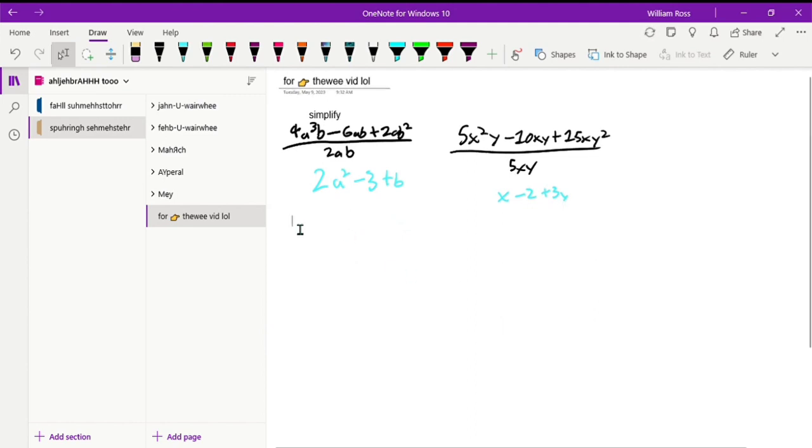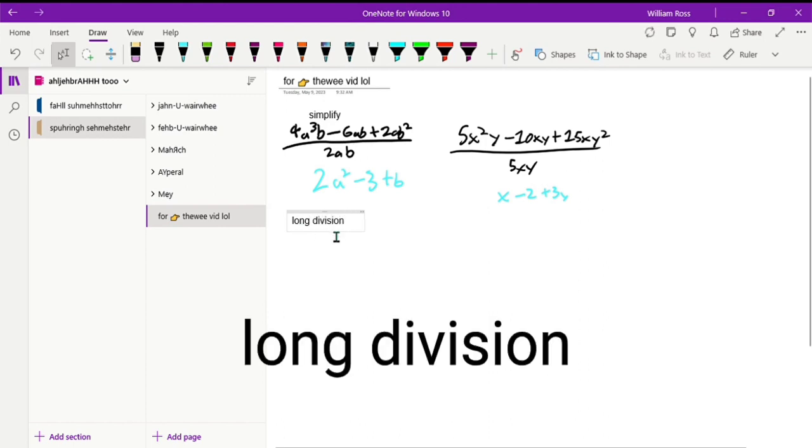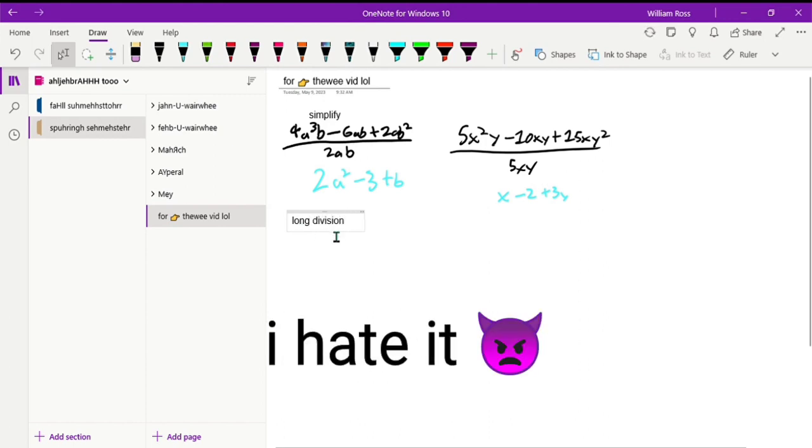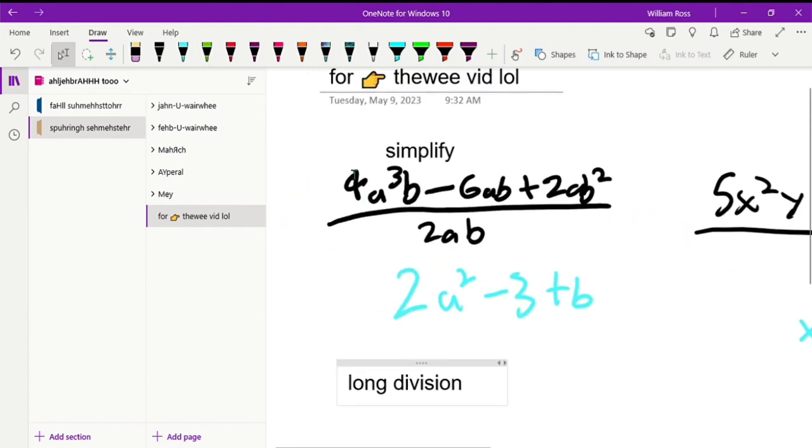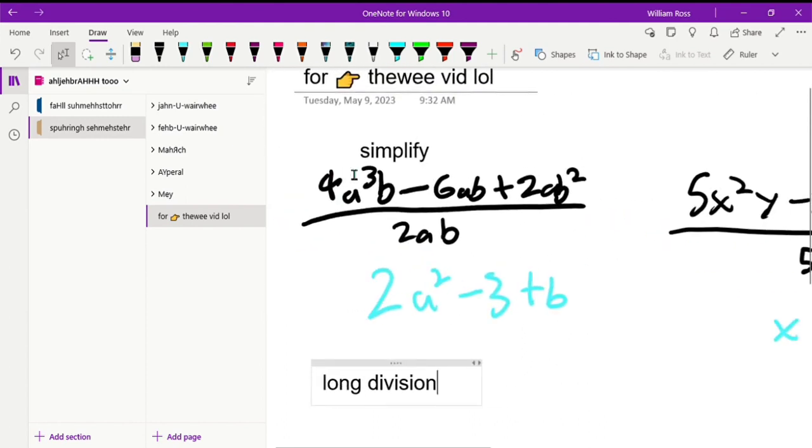And now for long division. Long division, it's so long, I hate it. Anyway, simplify will only work if you see something like this.